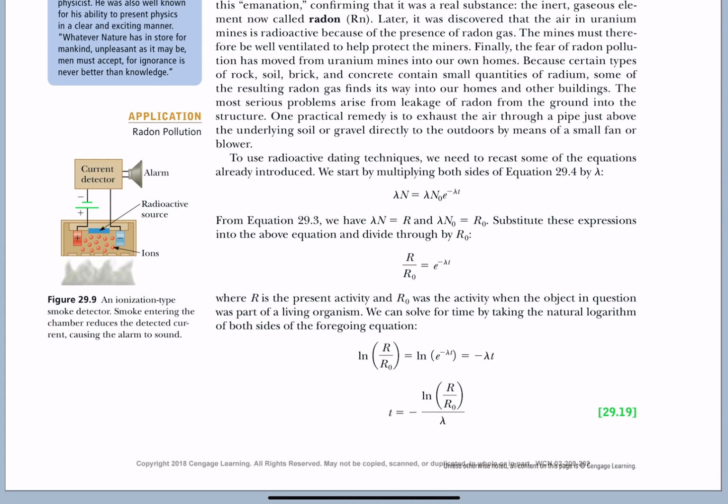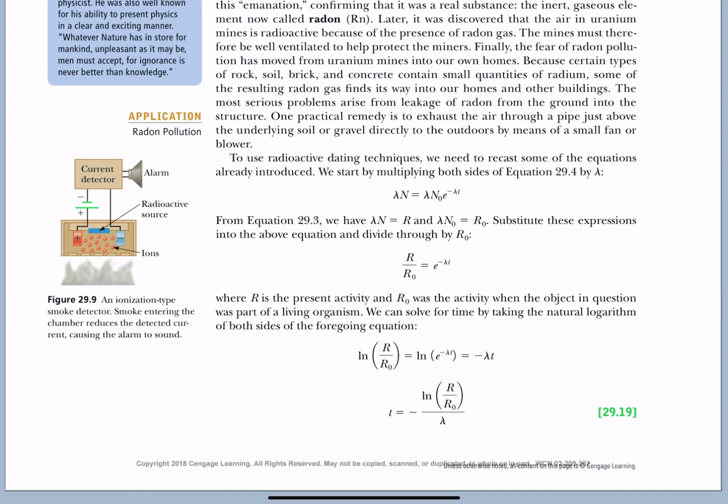Equation 29.19, which you probably will not have to use, looks very much like the equation for half-life. Remember, half-life equals natural log of 2 divided by the decay constant?